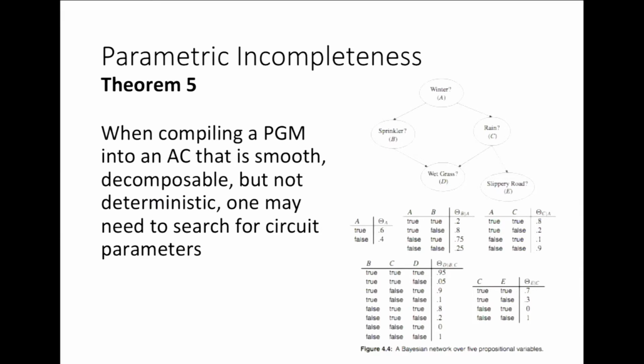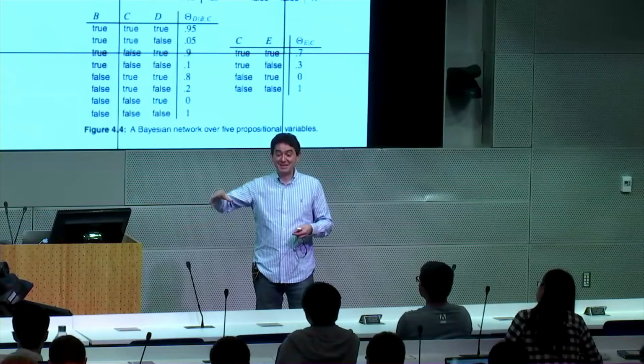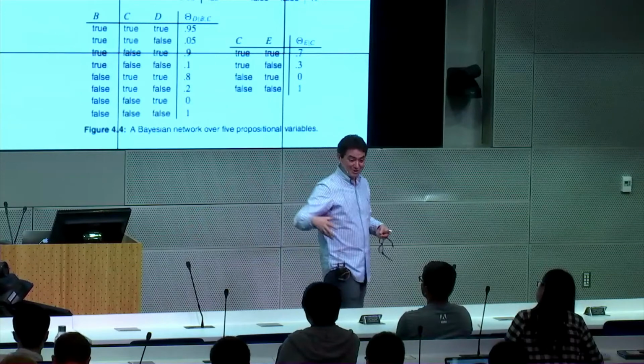If I tell you I just want a circuit that is decomposable and smooth but not deterministic, there is no guarantee at that point that the circuit will have its parameters exclusively coming from the Bayesian network. What does that mean? You have to search for parameters. That ends up having its own complications.